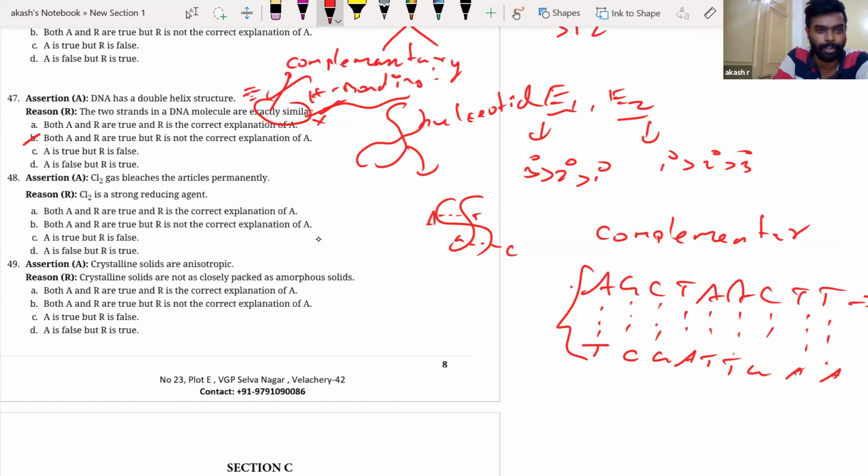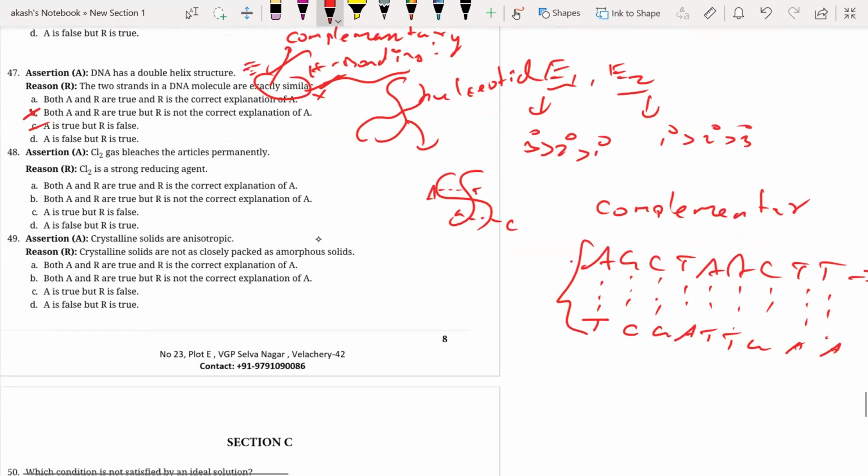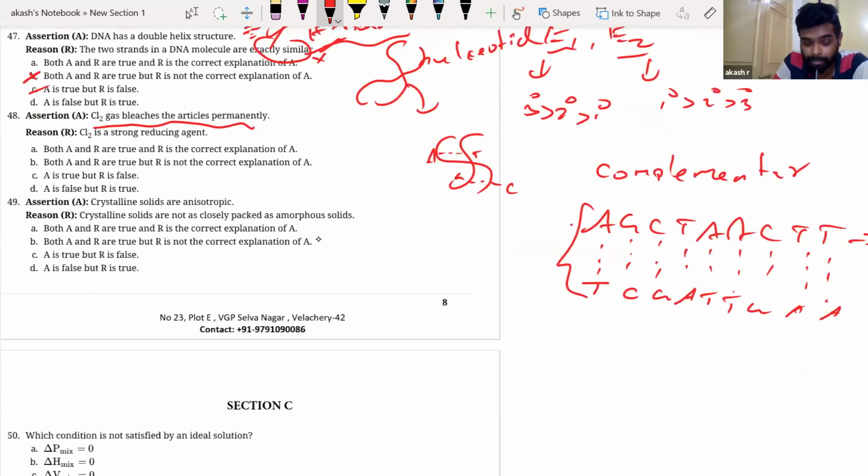Cl2 bleaches the articles permanently. Is it correct? Yes, sir. Why? Because it does it by oxidation, sir. Correct. We had a question like this in your quiz for P block.